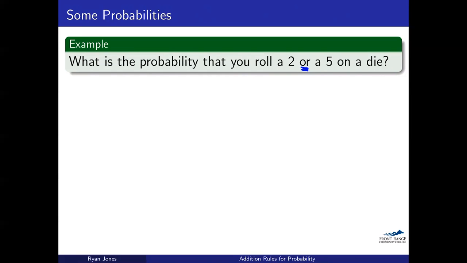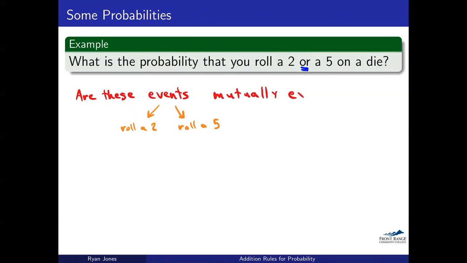The very first thing we want to ask ourselves is, are these events, and when I say events, what I mean is roll a 2 and roll a 5, those are my two events, mutually exclusive or not?